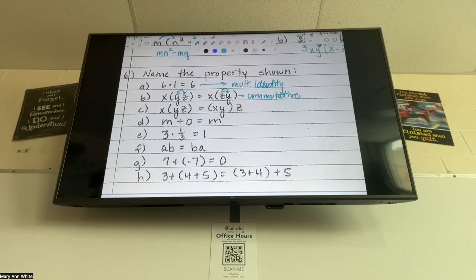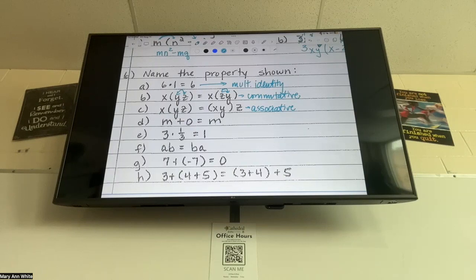What else do we got? We can either do letter C or find one that we've already labeled. Yes, letter C. Not distributive, though it kind of looks like it. It's associative. How would you explain associative, Tegan? How do you know that one's associative versus commutative? Because those almost look the same, right? In commutative, you change the order of what's in the parentheses, but you don't change what is in the parentheses.